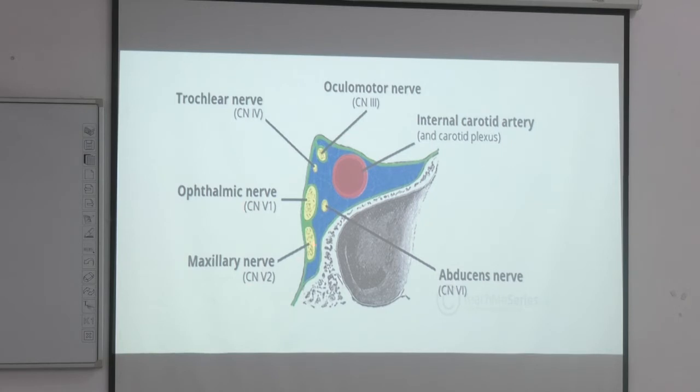So V1, V2, as well as the trochlear and oculomotor, pierce principally the lateral edge, from the roof to the bottom of the lateral wall of the cavernous sinus, whereas the abducens nerve, along with the internal carotid artery, is placed in the central part of the cavernous sinus region.